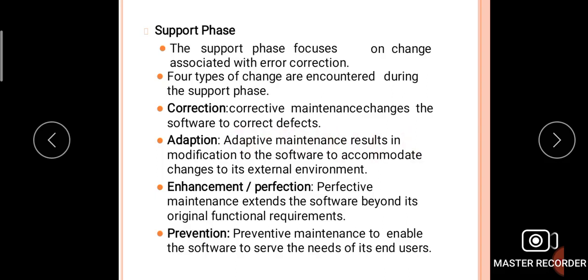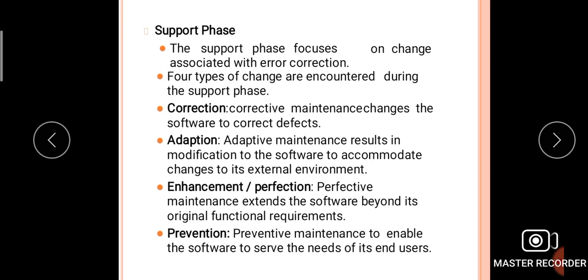Adaptive maintenance results in modification to the software to accommodate changes to its external environment. The enhancement and perfection contain perfective maintenance, which extends the software beyond its original functional requirements. And preventive maintenance enables the software to serve the needs of its end users.